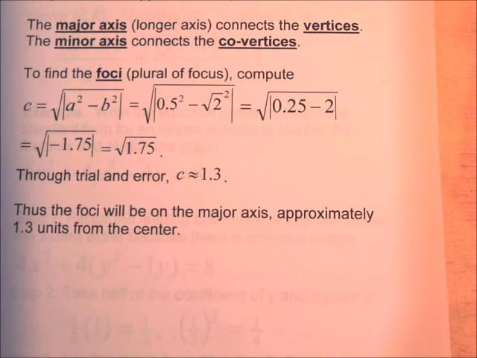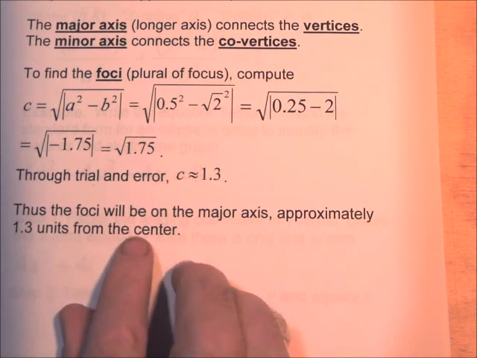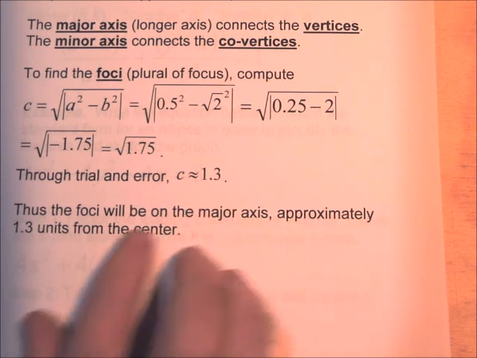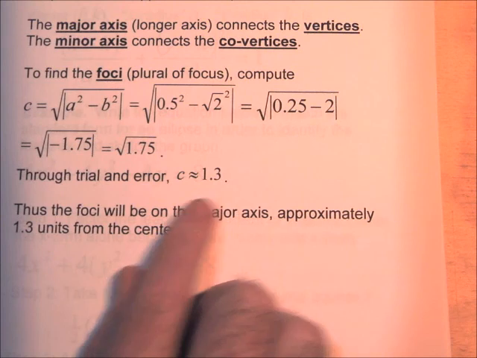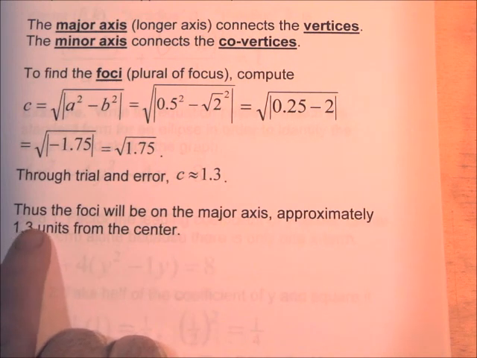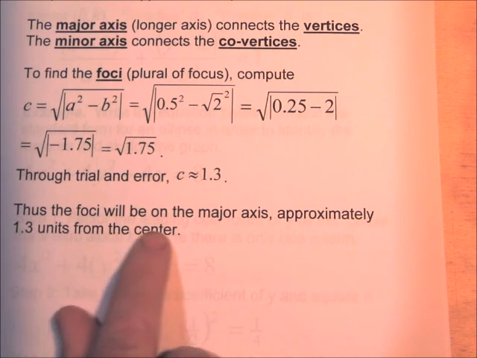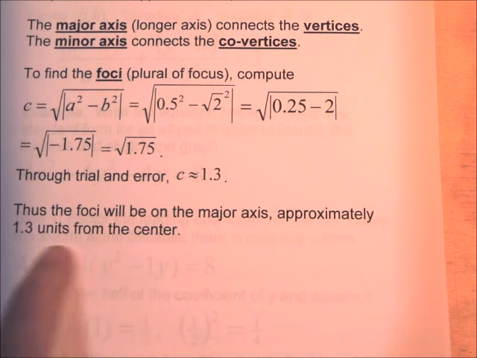Again, you can use trial and error. 1.3 squared is about 1.69, which is pretty close, so it's about 1.3. 1.4 squared is 1.96, which is a little too big. So the foci will be on the major axis, approximately 1.3 units from the center.